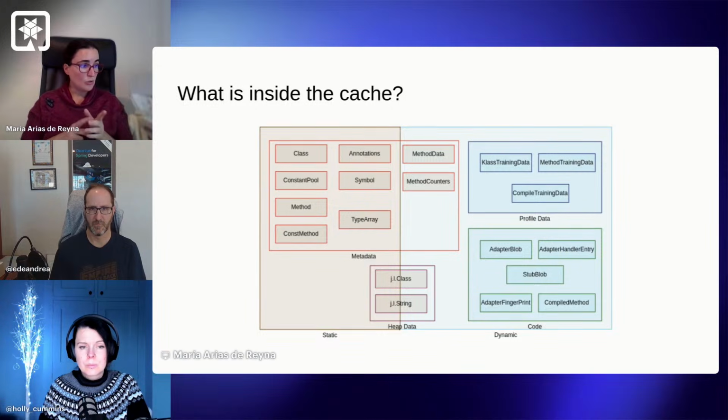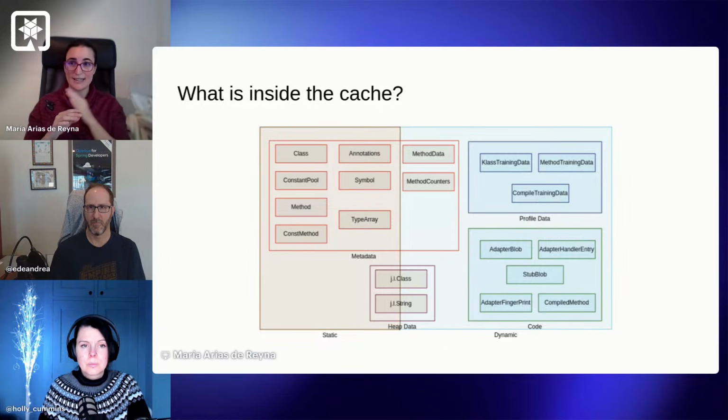And then the code is something that is not yet there, but as I said, it's going to be soon. And the idea is to have stubs of code already compiled. So when you start the application, you already have the native code compiled, so it's faster. So this is what is inside the cache, more or less.